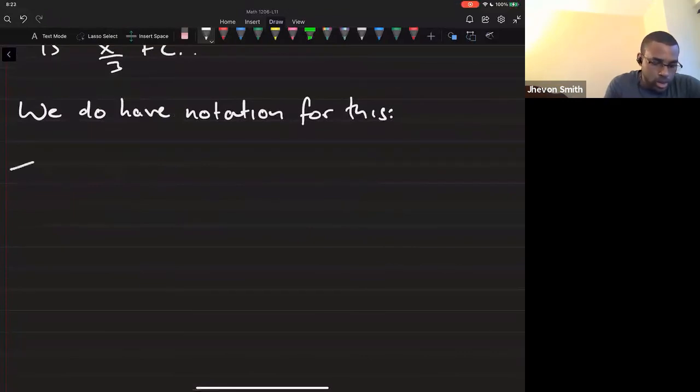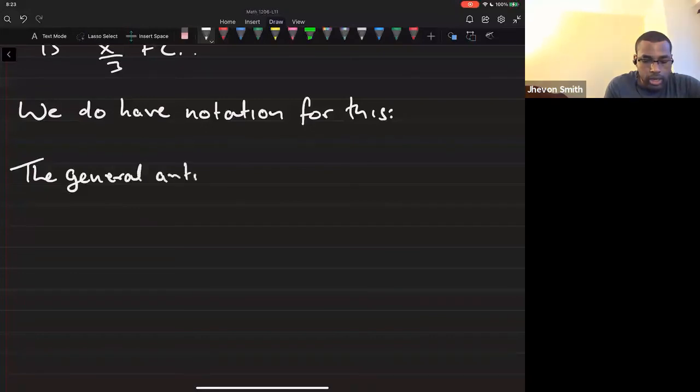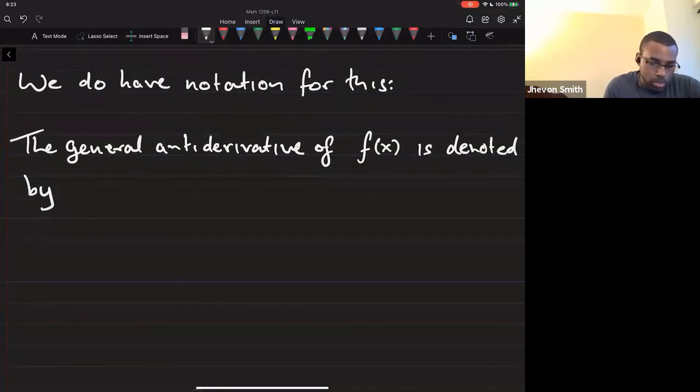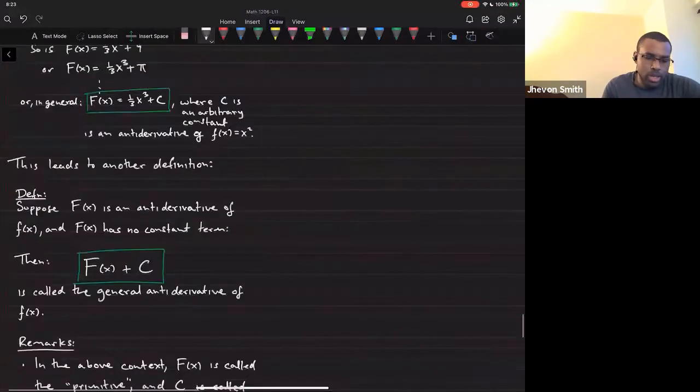And here's a notation: the general antiderivative of f of x is denoted by this symbol, which is, again, the same guy that we had up here, the integral sign.